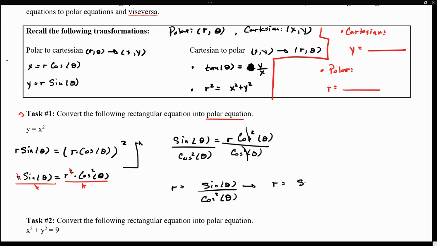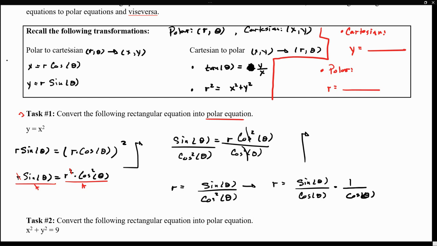Notice that we could have rewritten it this way. Instead of cosine squared, I'm going to write cosine times cosine, so that we have sine over cosine times 1 over cosine. Notice that we have not changed anything. Still sine at the top, and cosine times cosine is cosine squared.